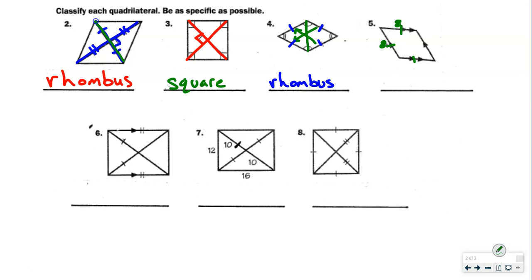The opposite side of the one on the left, the one on the right, also has to be 8. So all 4 sides are congruent, and we know it's at least a parallelogram, so it has to be a rhombus because 4 sides are congruent. We know it's a parallelogram, so rhombus.